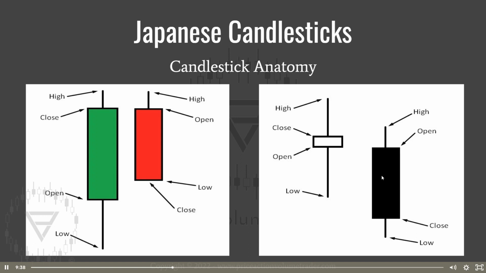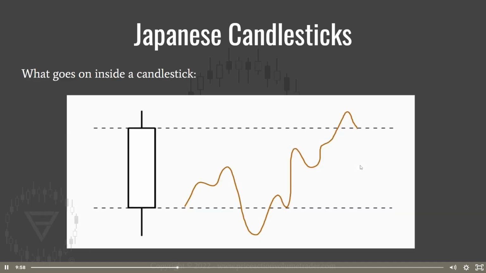And then the same thing for the bearish candlestick. In black, we have the open at the top of the body, close at the bottom of the body, and then we have the lowest value of the candlestick and the highest value of the candlestick at the wicks.